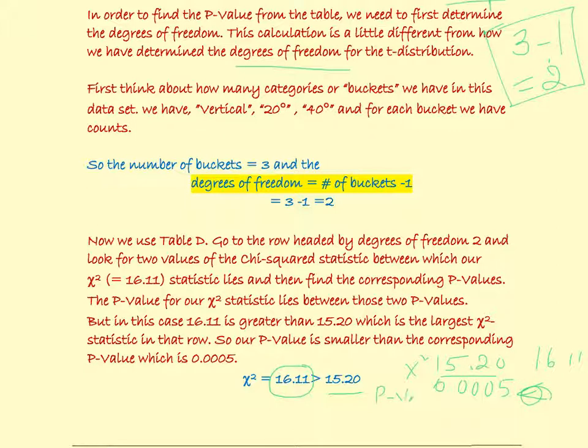So our p-value has to be smaller because it's further off to the right. So a p-value this small is strong evidence against the null hypothesis. We don't know exactly what the p-value is, but we know for sure that it's even less than 0.0005, which is a good thing because that would be strong evidence against the null hypothesis.